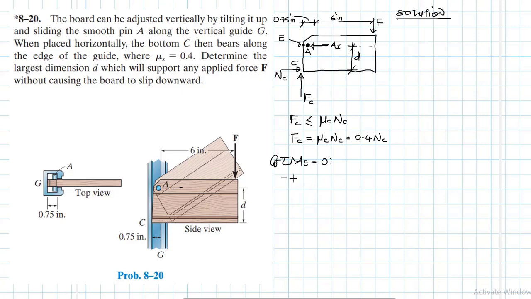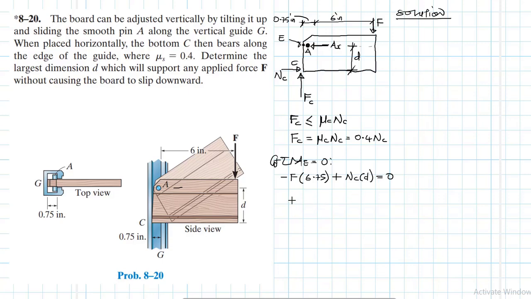Then I have minus F times 6 plus 0.75, which is 6.75, plus NC times D equal to 0.